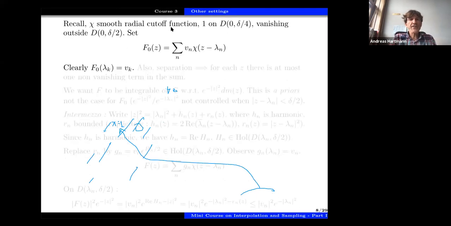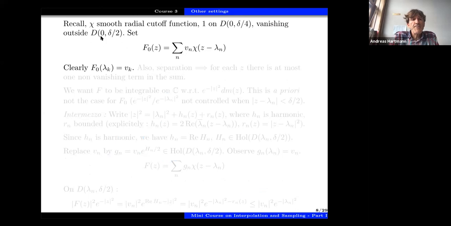I recall that my function phi was a smooth interpolating function supported on the disk of radius delta over 2. It was 1 in the smaller disk inside. And I've set f0 equal to this function. Clearly, f0 at lambda k is vk.